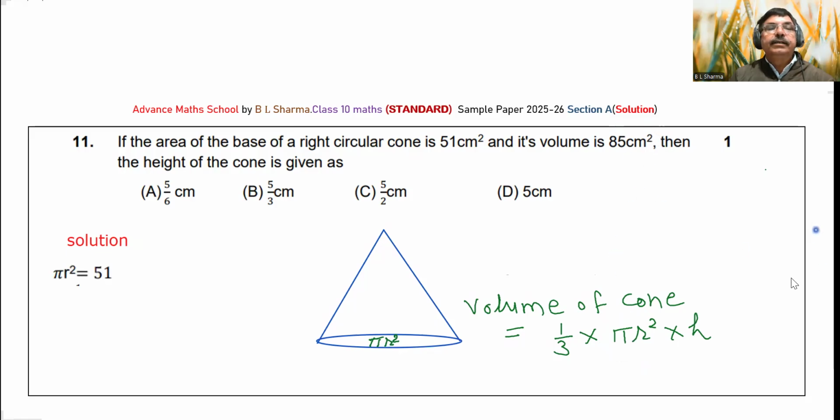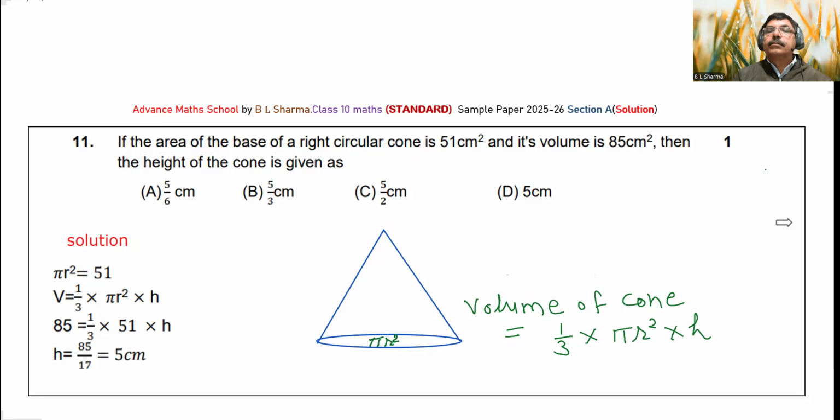So 85 is equal to 1 by 3 into 51 into h. Now calculate h. So h is equal to 85 upon 17, that is 5 centimeter. So D is the correct answer.